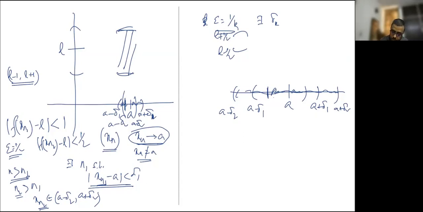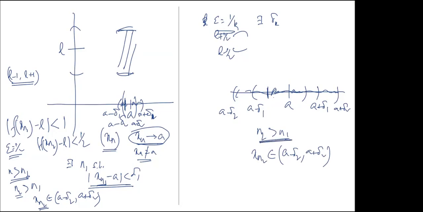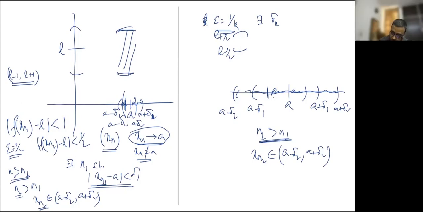But here for this argument, you don't even need that. All we have used is that we can choose an n2 greater than n1 such that xn2 lies between a minus delta 2 and a plus delta 2. So even if delta 2 was bigger than delta 1, you don't care anymore. You just ensure that this is the case. Because here you already started with a sequence that's going to a, so you don't need to know the delta i's to control the behavior of xn.